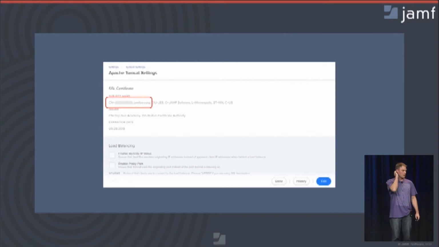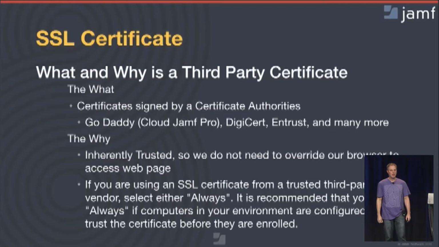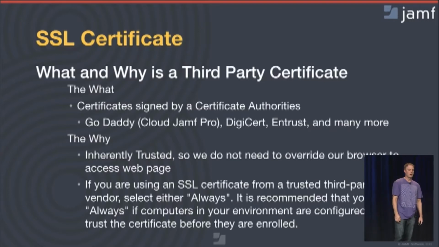So the next one that we get common calls or questions about is a third-party certificate. What is the difference? Well, the difference is that a third-party certificate is signed by a certificate authority, like GoDaddy, which our Jamf Pro servers in the cloud use, DigiCert, Entrust, and a few others.